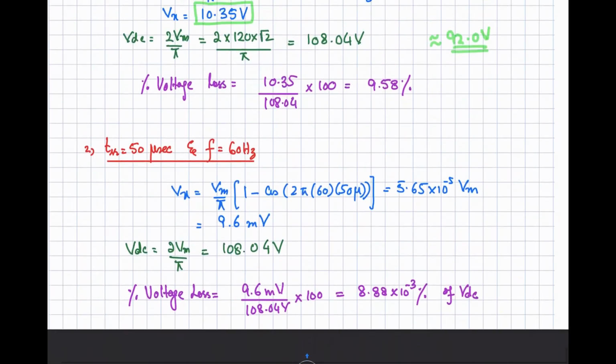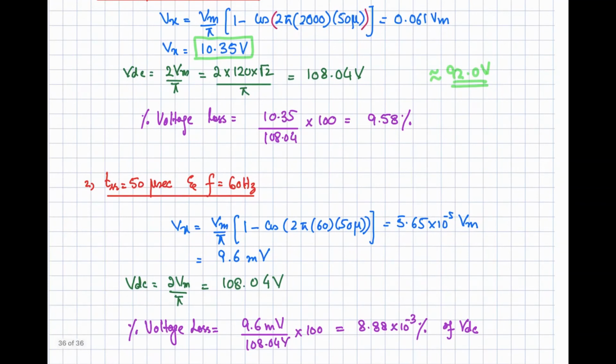Now if we calculate the recovery loss, TRR loss, at the 60 Hz frequency, using the same expression, 2 pi f TRR will be modified. This is 60 Hz, and the recovery time is, let's suppose, 50 microseconds. The voltage loss is very small, that is 5.65 into 10 raised to power minus 5 into Vm, which is only 9.6 millivolt.